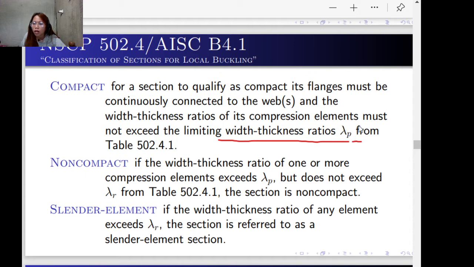Now this is for compact, no. If the width to thickness ratio of one or more compression elements exceeds lambda sub p, so this is your actual width to thickness ratio, but does not exceed lambda sub r from table 502.4.1, the section is non-compact.